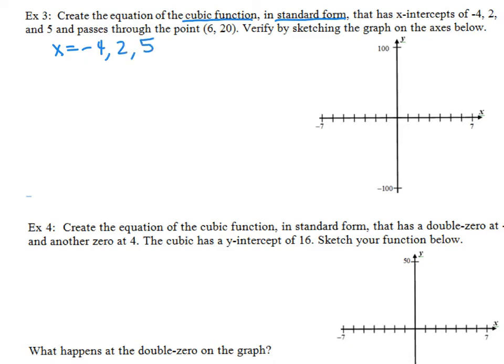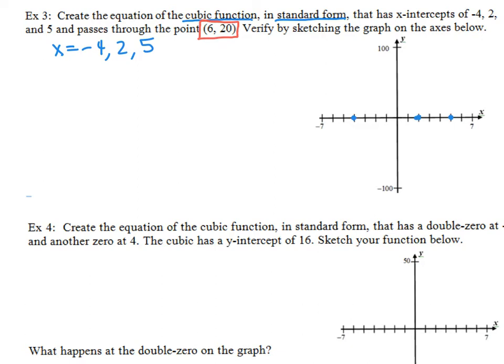Now, along with knowing the intercepts, we also have to know an additional point on the polynomial so that we'll be able to make sure that we can solve for any vertical stretches involved. I'm first of all going to go ahead and plot these points. So I know that -4 is one of our roots, +2, and +5.